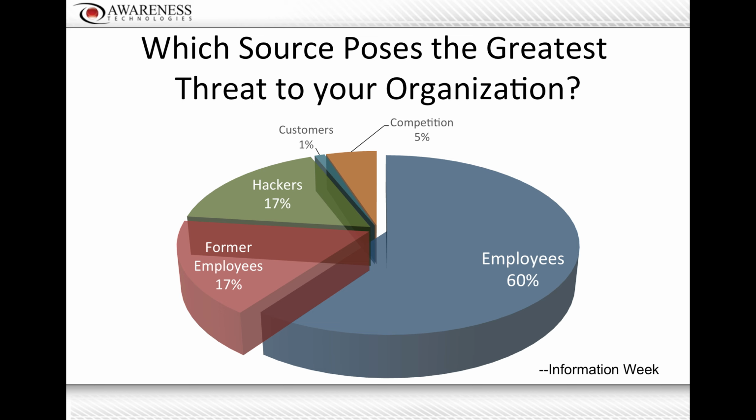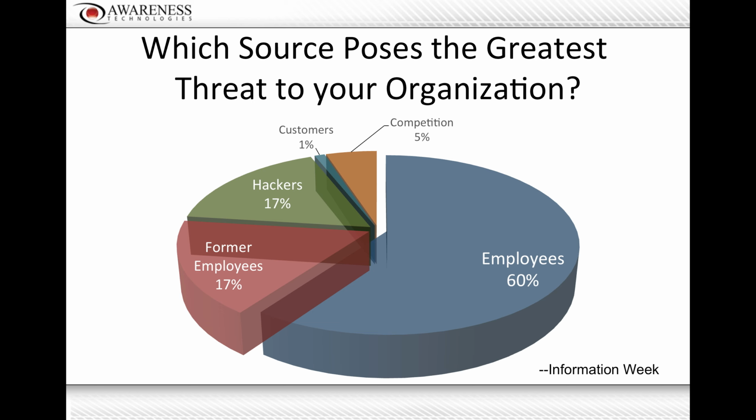So employees are 60%. Former employees, and this is interesting, 17%. And if you've been on one of our webinars before, we oftentimes talk about organizations forgetting to lock down credentials after people leave, or people walking out the door with information. And so former employees, just because they're gone doesn't mean they're not a risk for you. And you really need to make sure you have good policies in place to make sure that former insiders can't get inside anymore.